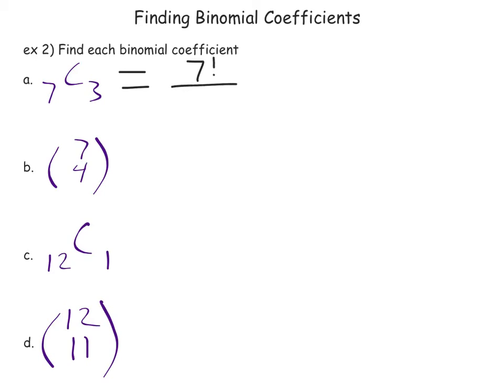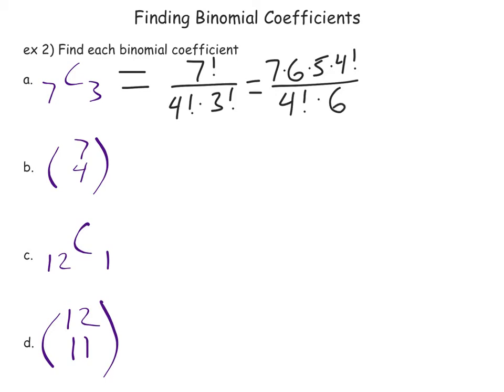So this would be 7 factorial over 4 factorial times 3 factorial. So we'd have 7 times 6 times 5 times 4. That'll cancel with that 4 factorial. 3 factorial is 6, so those cancel, and 7 times 5 is 35.